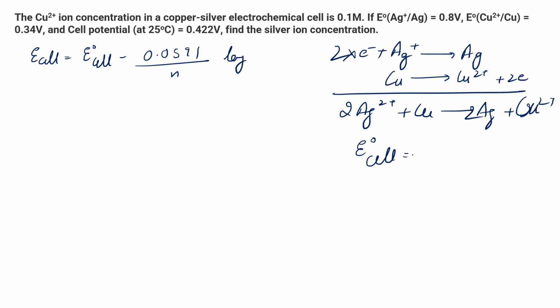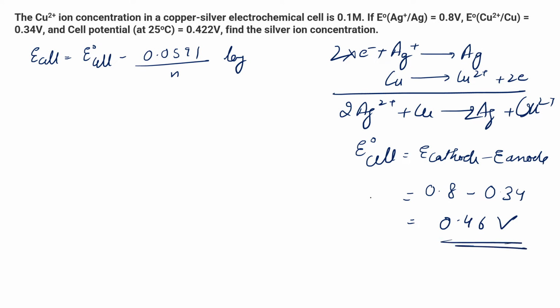E naught cell will be E cathode minus E anode. What is the cathode over here? Cathode is silver, 0.8 minus anode is 0.34, that is copper. So the value will come out to be 0.46 volts.